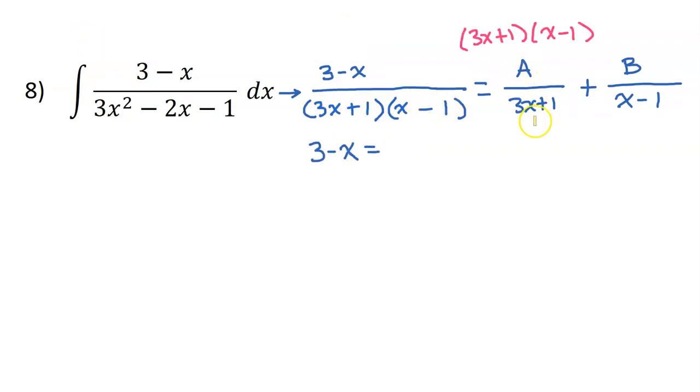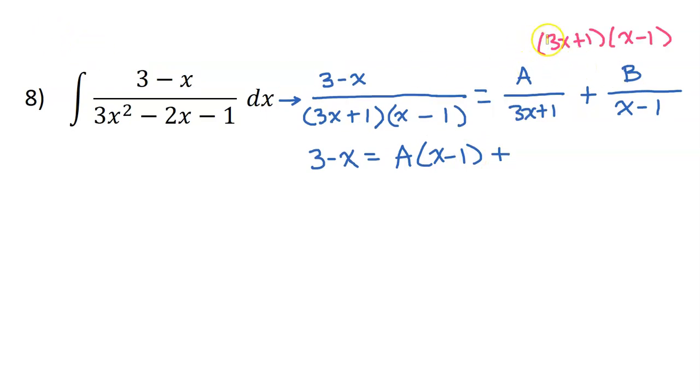When we multiply the middle term by the common denominator, the 3x plus 1 cancels out and we are left with a times x minus 1. When we multiply the common denominator by the last term, the x minus 1 cancels out and we are left with b times 3x plus 1.